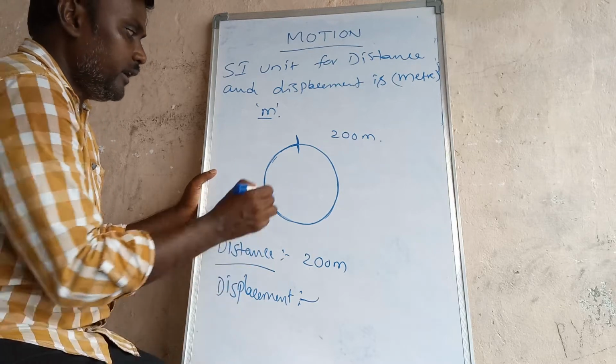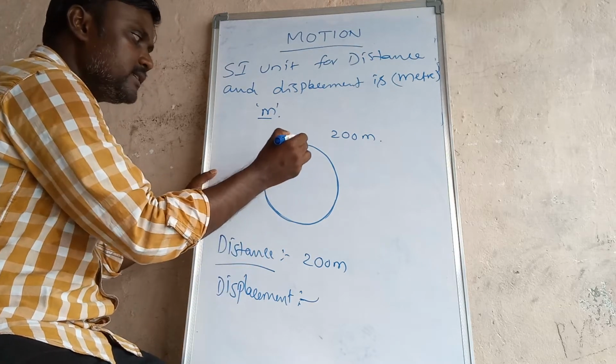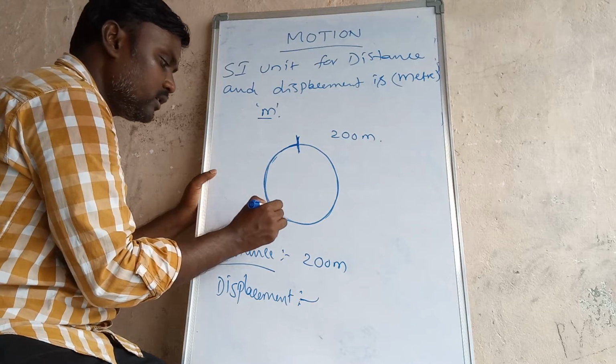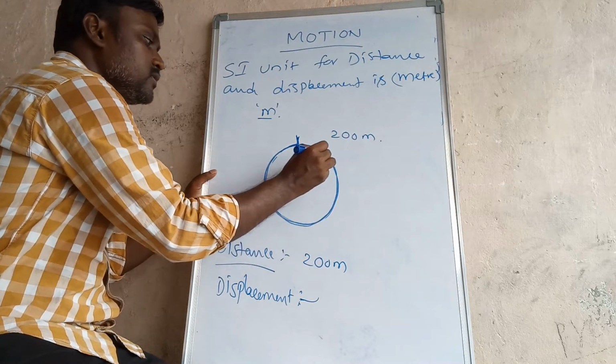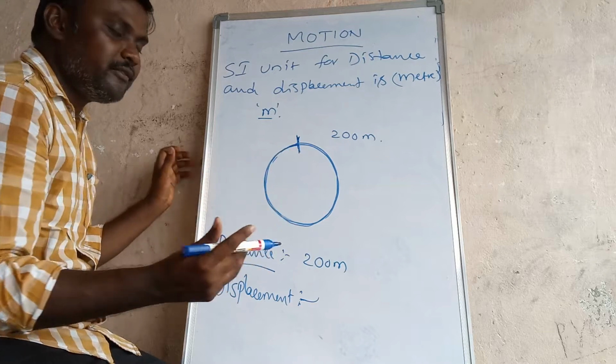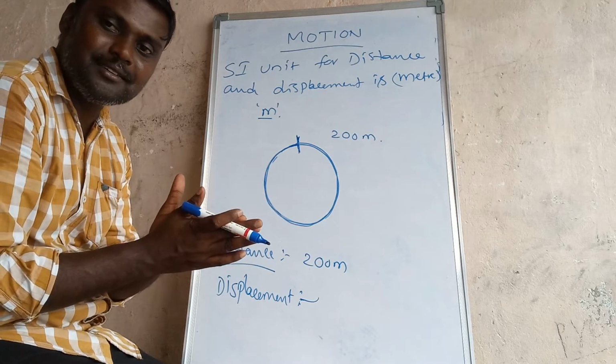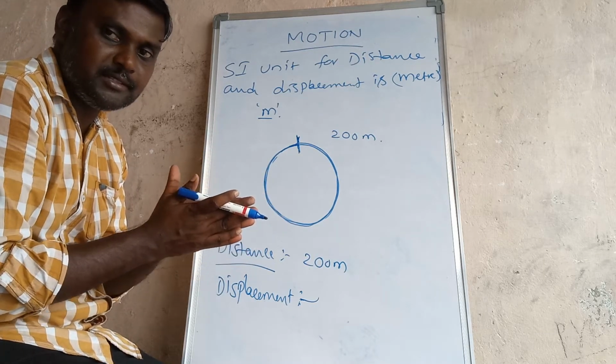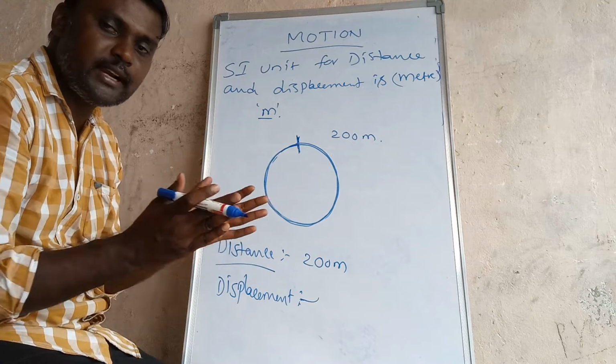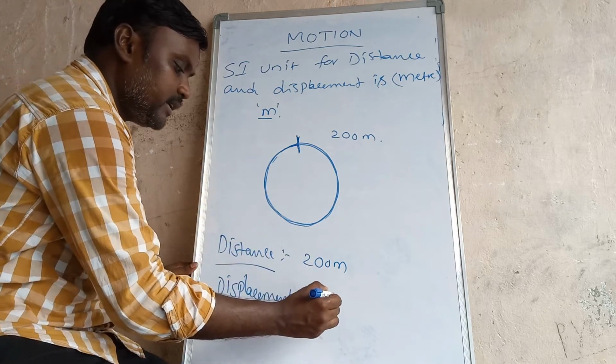The initial point and final point are both the same, they are coinciding. That means both are at the same point, so displacement is 0 meters.